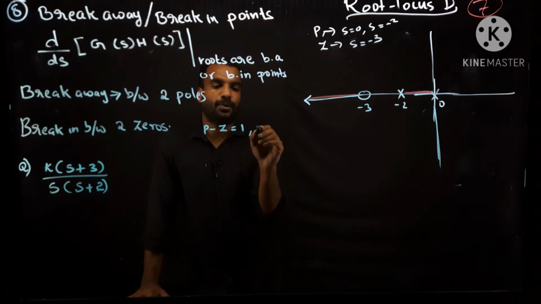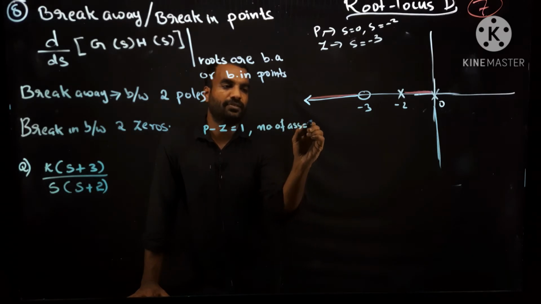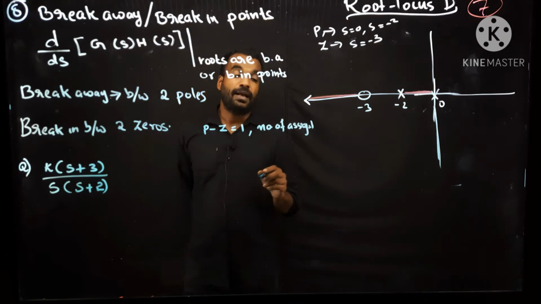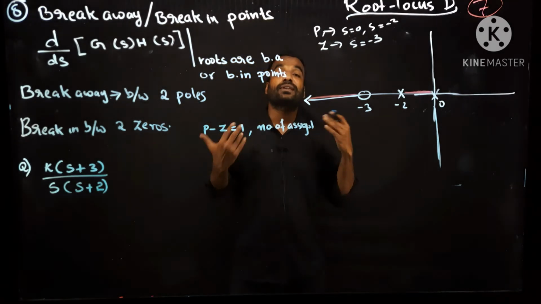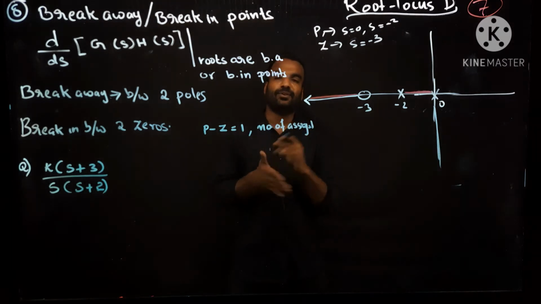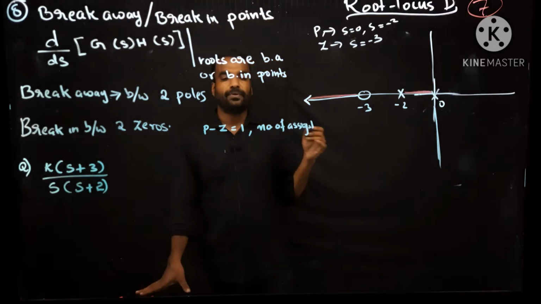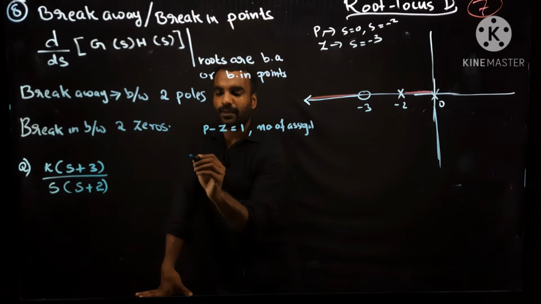So the number of asymptotes is 1. As the asymptote is 1, no need to find the centroid, because if there is more than one asymptote, they will intersect. Then only the centroid is needed. Now the centroid is not needed. Now we have to think about the angle of asymptote.